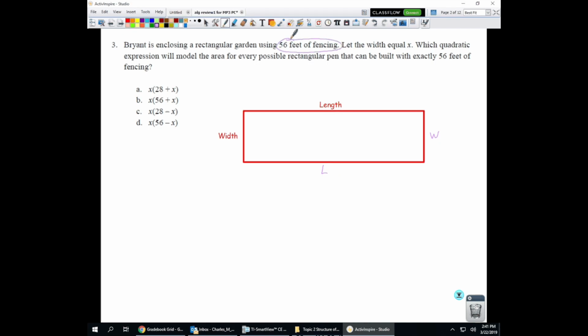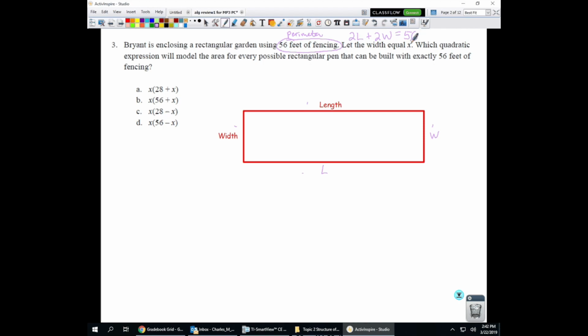That is describing perimeter. Whenever you're talking about the outside of a shape, it's considered perimeter. If the perimeter has to add up to 56, that's the total of all 4 sides. And perimeter of a rectangle is going to come from 2 of the length, 1, 2, plus 2 of the width, 1, 2. Those have to equal 56.